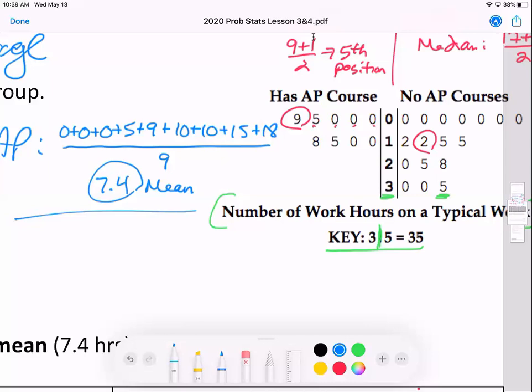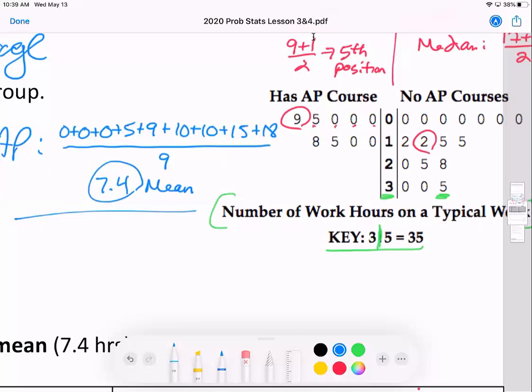How far is 5 away from the mean? Well, 5 is negative 2.4 away from the mean, meaning it's below the mean. Negative is below the mean. 9 minus 7.4, that would be positive 1.6. That would mean it's 1.6 above the mean if it's positive. And then we have 10 minus 7.4, 10 minus 7.4, 15 minus 7.4.